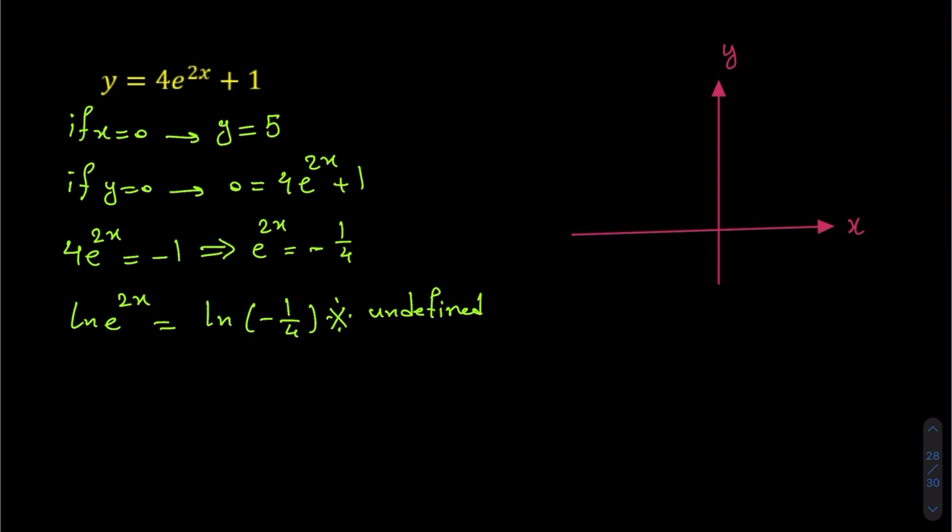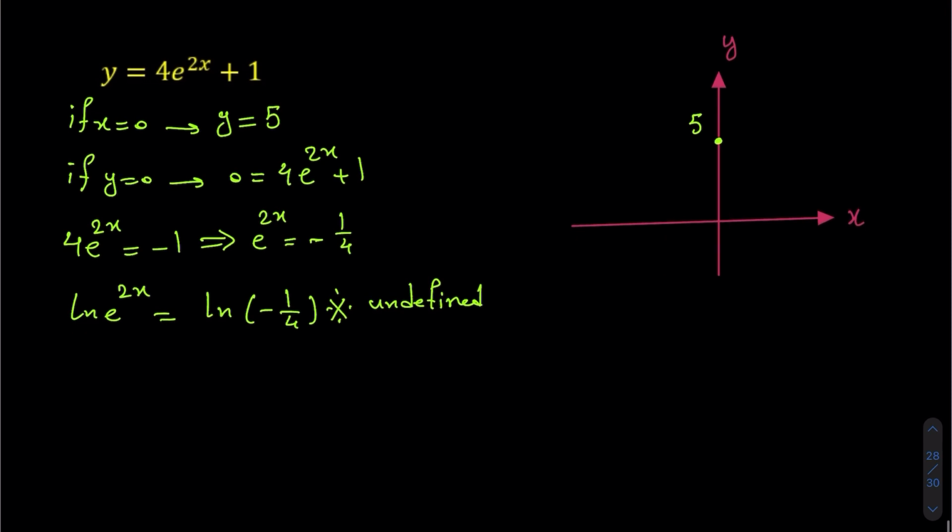On the x-axis the function is undefined. All right, so we have got one point then, which is x is 0 and y is equal to 5. So this is the point that the curve definitely intersects.